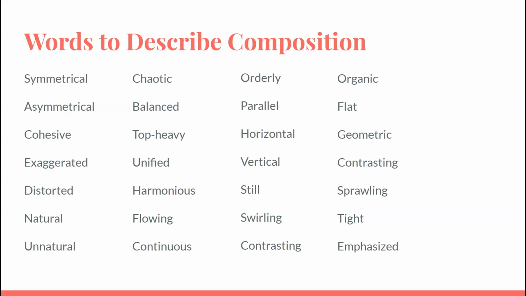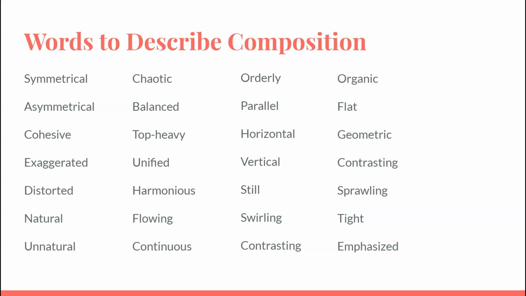You could also do bottom-heavy, unified, harmonious, flowing, continuous, as in it seems like it just keeps going and going and going, orderly, parallel, horizontal, vertical, still, swirling, contrasting, organic, flat, geometric.